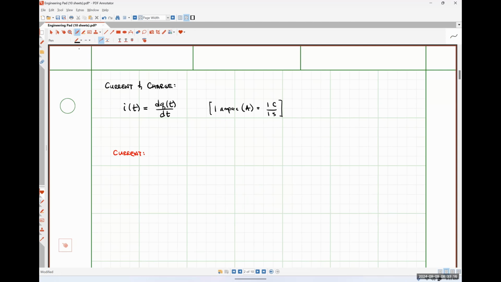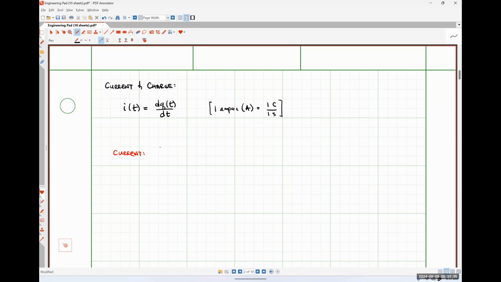So particularly a derivative with respect to time. What does that mean? We're looking at a rate of something that's happening, right? So we're looking at the rate at which our charge changes effectively.